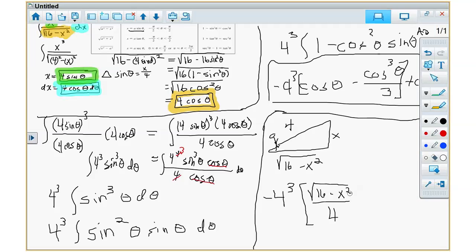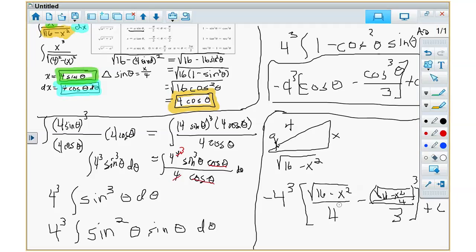And then minus this, 16 minus x squared raised to the what? Third power, over 3, plus c. What about the 4? Okay, 4 over 3. Oh yeah, sorry. Over 4. Thank you. Over 3.